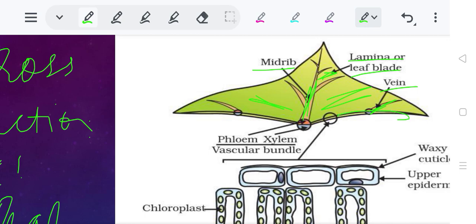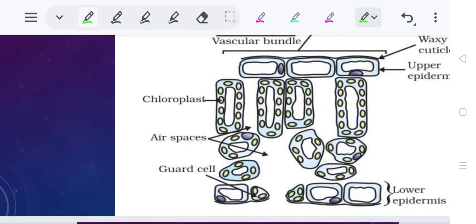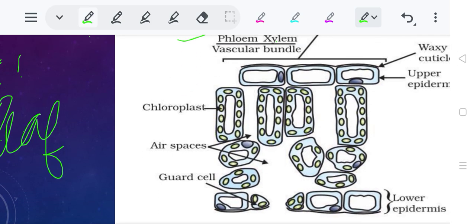This part is called a vein. In the midrib there is xylem and phloem, which together are called the vascular bundle. So what is in that part? See, chloroplast. We discussed that chloroplast makes chlorophyll.